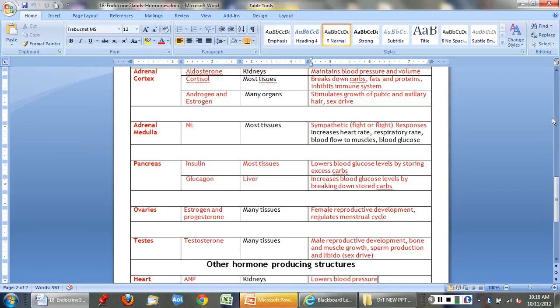So if the glucose goes into the cells, it's no longer in the what? Blood. That's all we care about. Any excess is stored in the cells of the liver to be used at a later time. That's just one example of how the endocrine system works to maintain homeostasis.